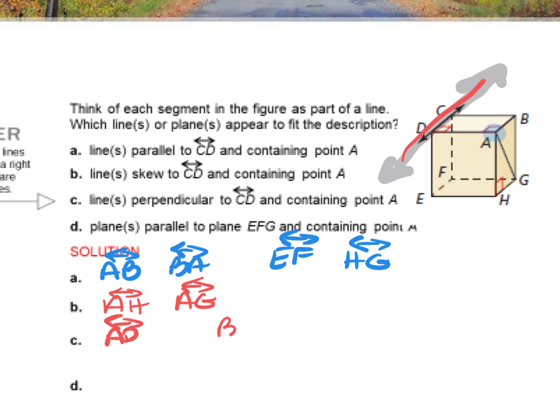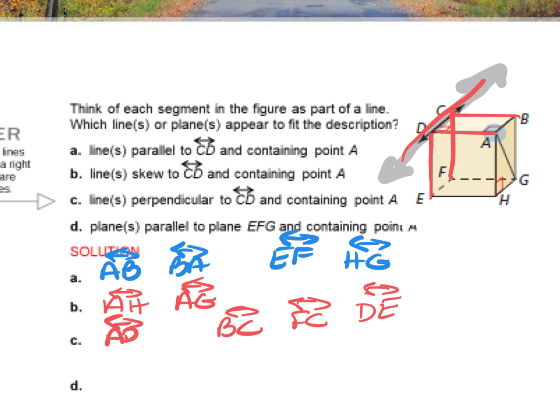Good. BC is one. Okay. FC is another. So we have, let's see, what did we say? We said BC, AD, we said FC, one more, and then we have DE or ED.